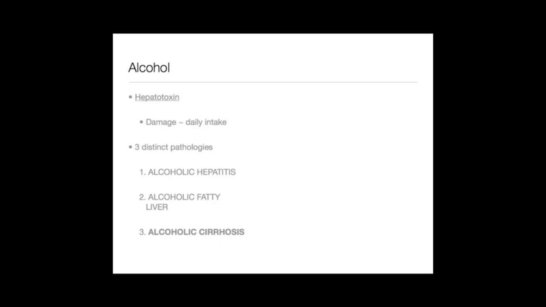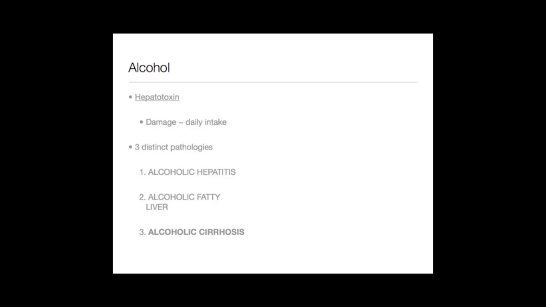In chronic users of alcohol, many of them go on to develop an alcoholic fatty liver, and this is really just a marker of chronic alcohol intake. What it doesn't mean is that this particular group of patients are all going to develop alcoholic cirrhosis. As I said, these things are not a continuum, and we don't really know why. It's possibly due to the nature of the exposure, various genetic factors which predispose people to develop alcoholic cirrhosis.